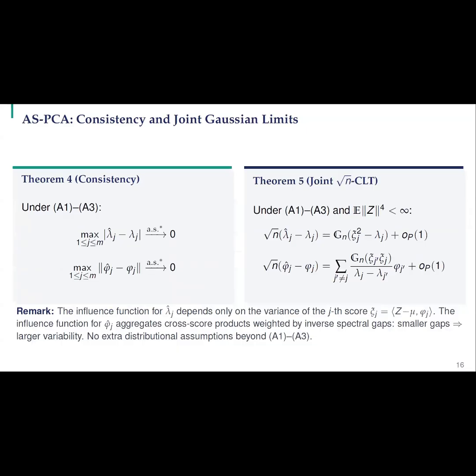Under these constraints, we get uniform consistency. With the fourth moment added, we get joint asymptotic normality of the eigenvalues and the eigenfunctions, up to the M-th. I'm not giving you the full linear operator here; the fancy little letters in there are linear functionals that I have specifically in the paper.